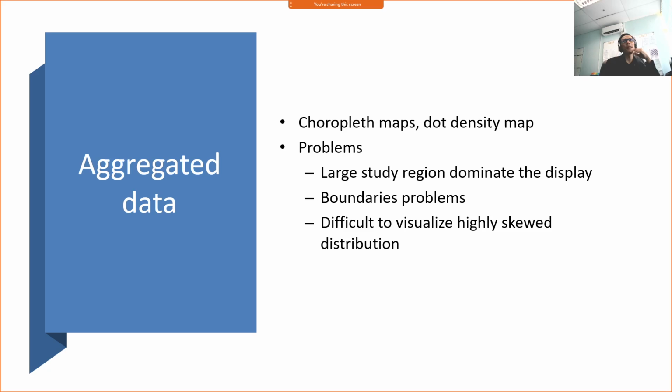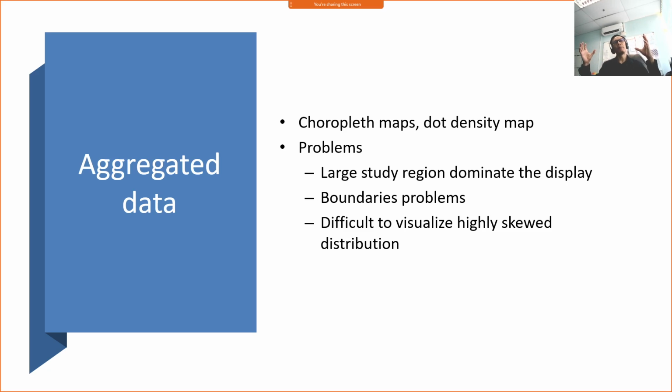And how do we analyze this kind of data, or aggregated data? Just now was point data, now aggregated data. We can use choropleth maps or dot density maps. The problem with this kind of data visualization for aggregated data is, number one, large study area dominates the display.